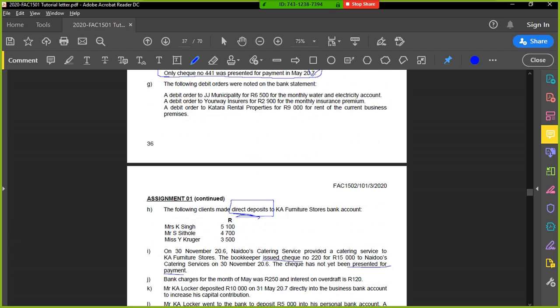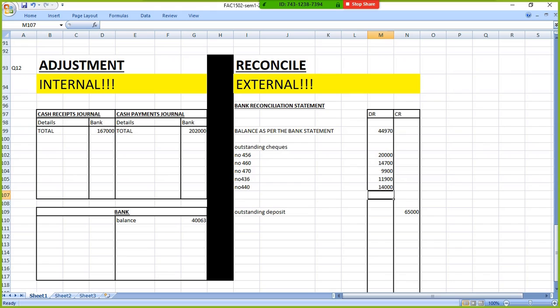Good. Following debit orders were noted on the bank. Debit order, JJ Municipality, 6.5 for water and electricity. These were debit orders on the bank statement. Adjust or reconcile? Adjust. Good. Water and electricity, payment or receipts? Payment. Good.